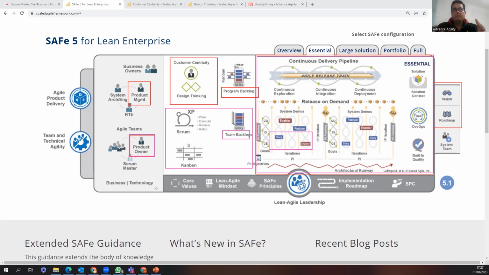Now, if you are a product owner working for the team, then the advice is that you take this certification, SAFe Product Owner/Product Manager. And if you are mostly business focused, interacting with the business, creating design thinking techniques and working on vision and roadmaps, then it is better you do agile product management, which is a 3-day training in SAFe.